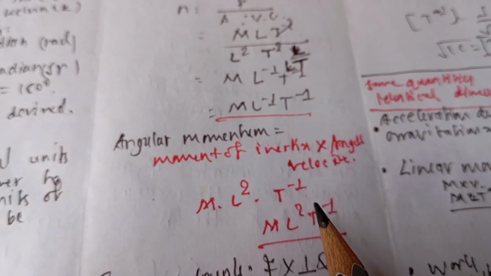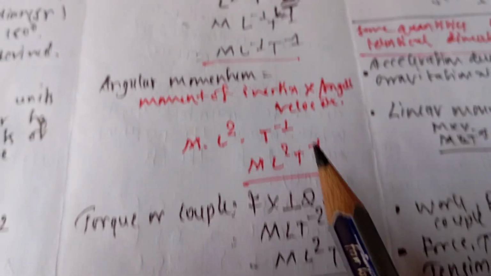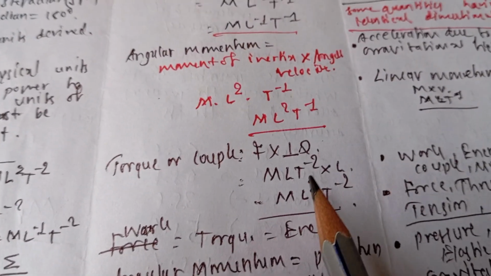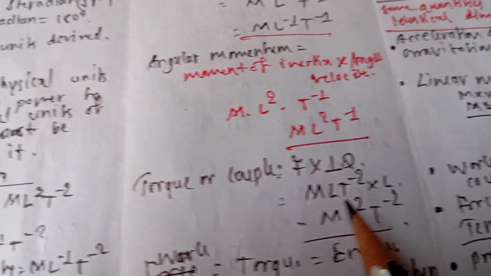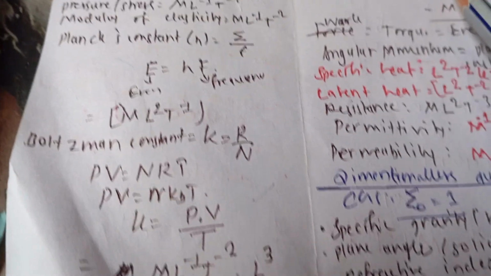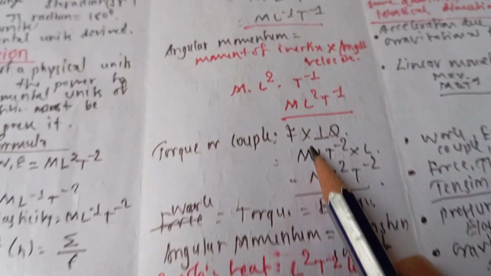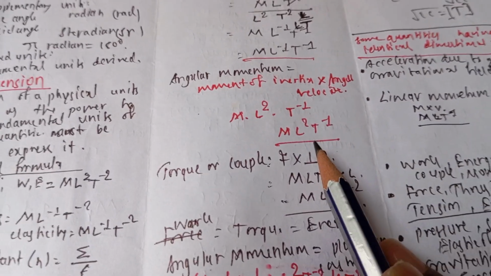Angular momentum, moment of inertia into angular velocity, ML squared T to the minus 1. Is it matchable with the coefficient of viscosity? No, it is not. Sorry for the inconvenience.